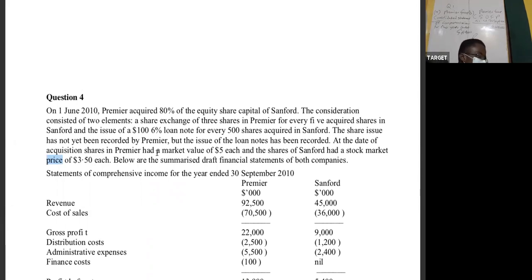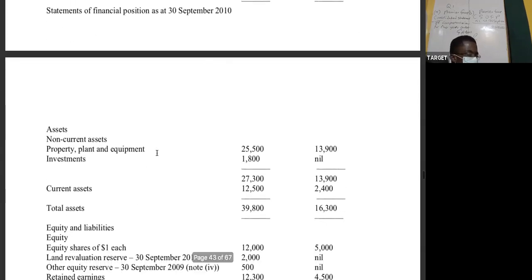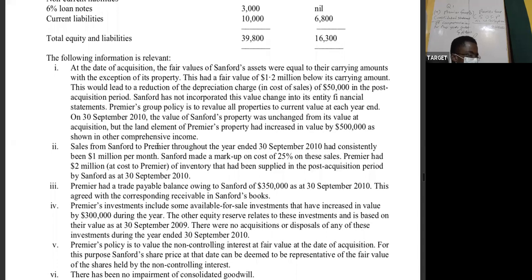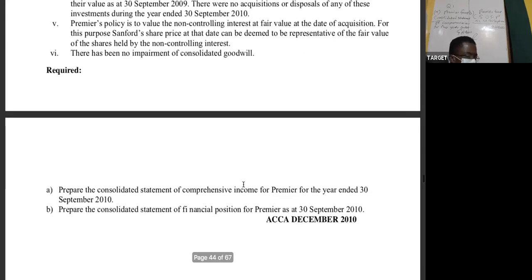Now, what is the year in question? The reporting year is 30th September 2010. So what will be the starting point of the year?